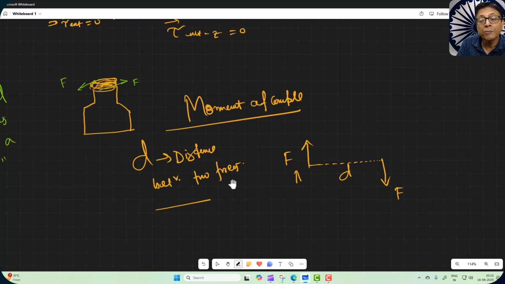Moment of couple, for finding it, you need to take a point on the axis. Let this point be O, whose distance from this end is x. Distance from the other end will be d minus x. Okay? So moment of couple is going to be what?